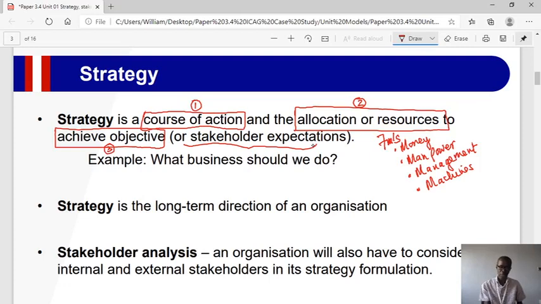Another thing we want to say about strategy is that strategy is a long-term direction of the organization. Even though we cannot define specifically what long-term should be, because it varies from one industry to the other.